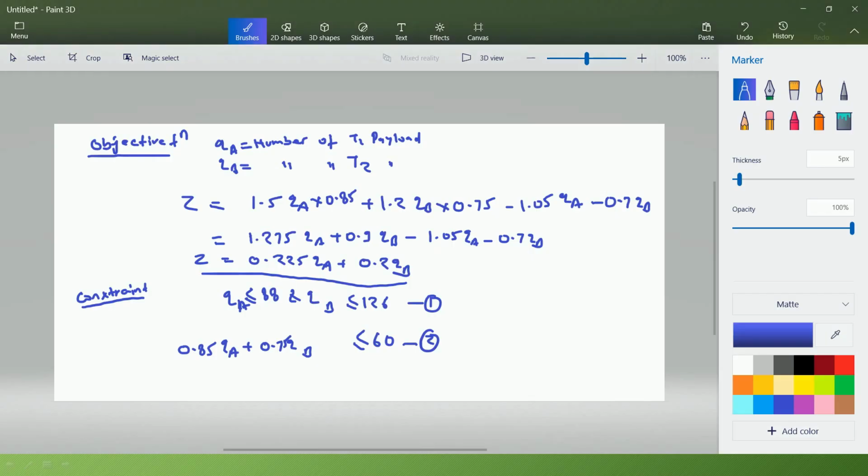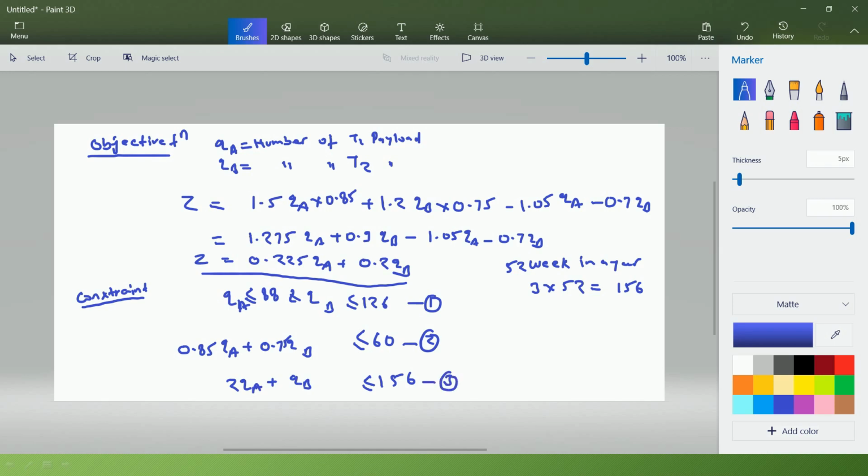Okay, so considering a year has 52 weeks, in 3 years we will have a maximum of 156 weeks. So 156 is greater than or equal to 2 weeks for each QA T1 payload and 1 week for each T2 payload. So this is our equation 3.